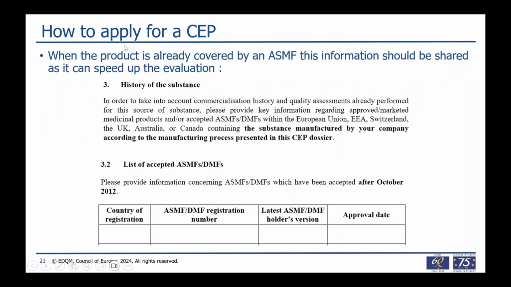In the application form, the applicant is also asked to include details on the marketing history of the final substance and to include the details on accepted ASMFs after October 2012. As mentioned earlier, this may allow EDQM to request the ASMF and to speed up the process.